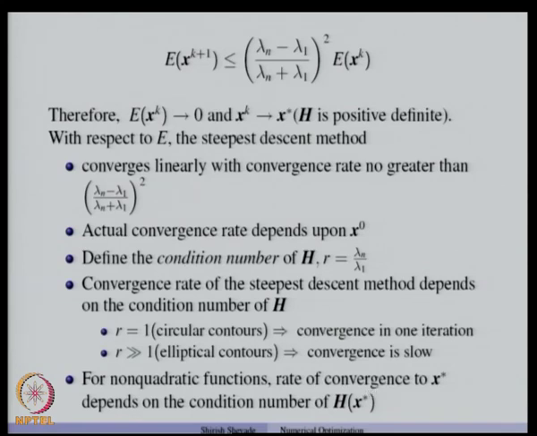So, this is a very important point for non-quadratic functions, and the theory that we saw with respect to quadratic functions typically holds near the point x star. That is why it was important to study this theory, so that the result can be used for non-quadratic functions as well.